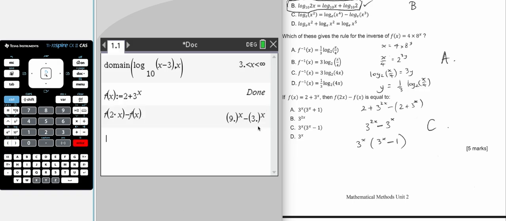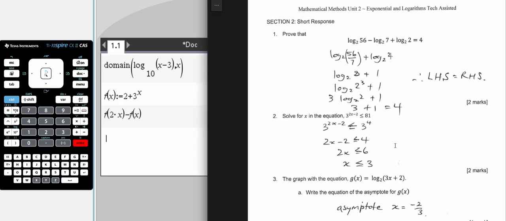You'll get that. Then we just have to simplify it a little bit. So in other words, factorize it. Once we factorize it, if we take 3 to the power of x out, we have 3 to the power of x left over, and then minus 1. So that's why it's C.